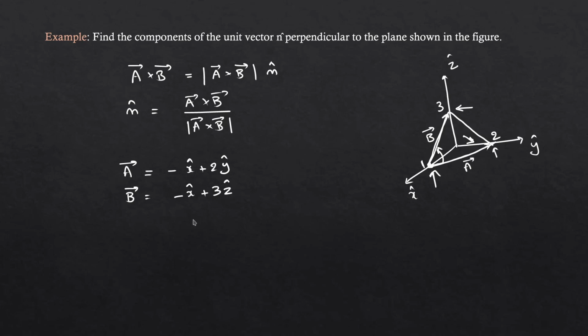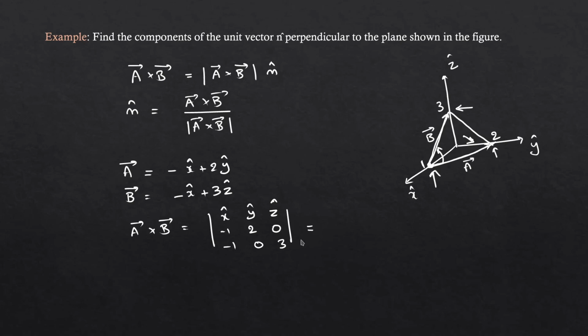Now if you calculate A cross B, let's make it in the determinant form: x cap, y cap, z cap. Ax is minus 1, Ay is 2, Az is 0. Bx is minus 1, By is 0, Bz is 3.